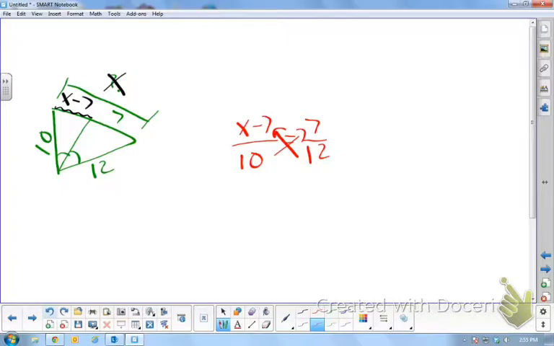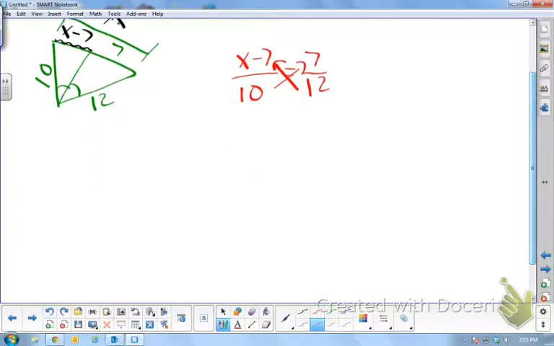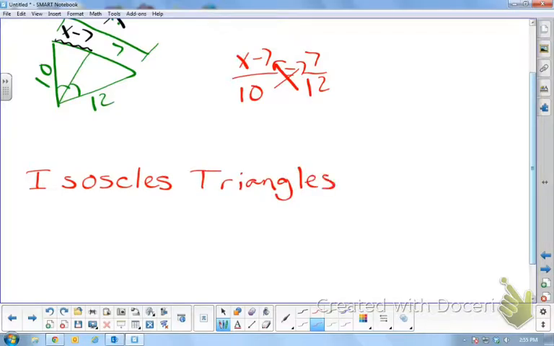And then what we've talked about most recently is isosceles triangles. Now, isosceles triangles have a special property. If those two sides are the same, which they have to be in order to be an isosceles triangle, then the angles that correspond to those sides are also the same.